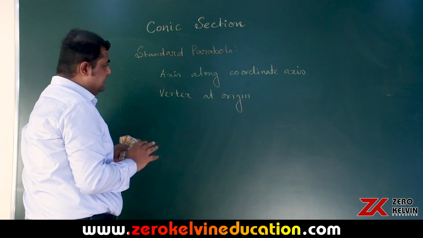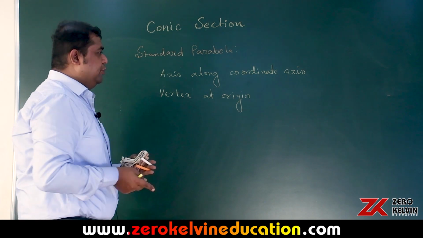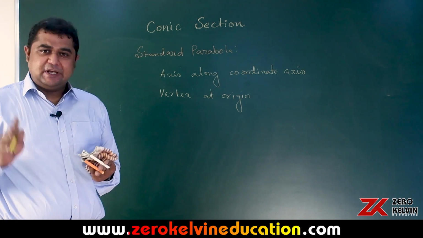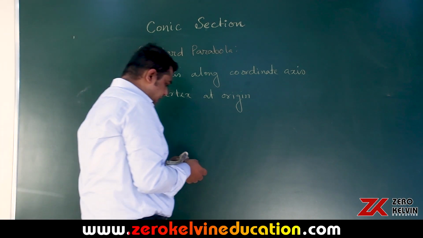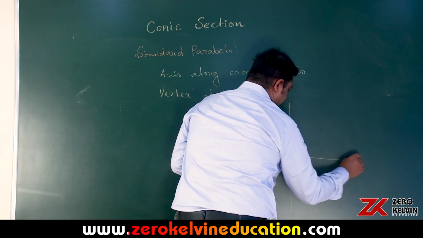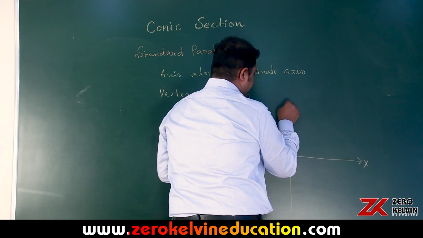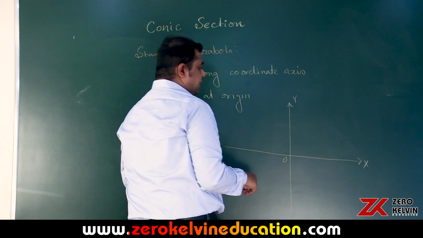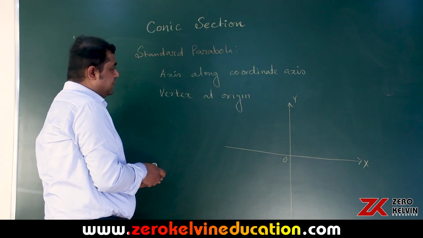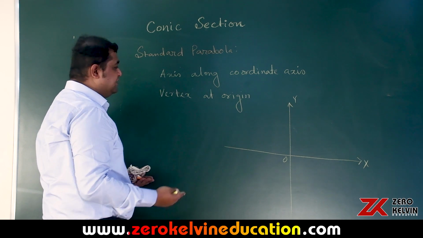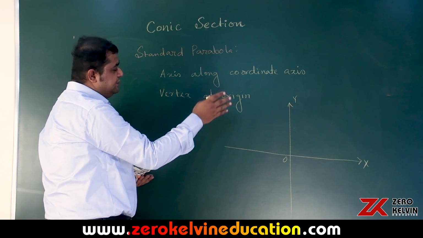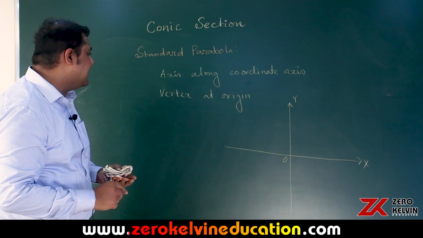So, if we standardize these two specific appearances, still we can have 4 variations regarding the choice or placement of the focus. So, if we think of the diagram, say this is the y and x axis respectively, this is the x, this is the y axis meeting at the origin. So, we do have our own choices for selecting the focus, like we can keep it on the positive x axis, we can keep it on the negative x axis, we can keep it on the positive y axis, or even we can keep it on the negative y axis.